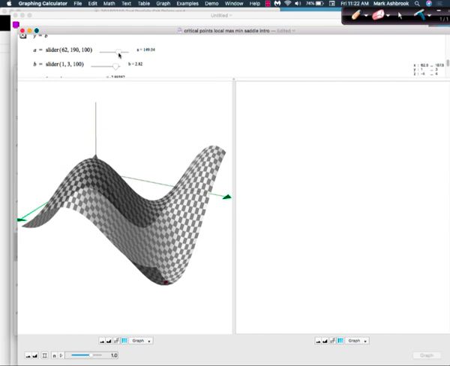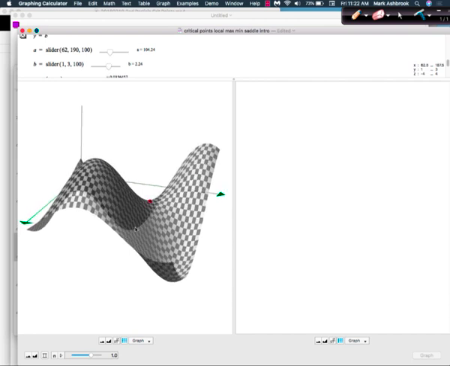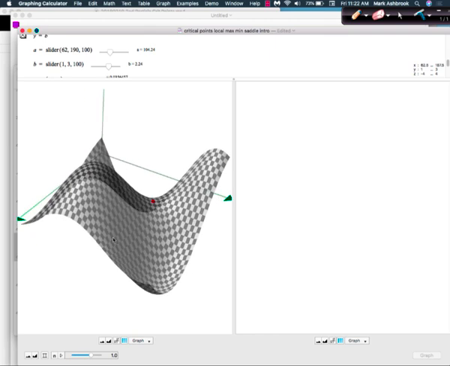There's another place here that has both partials equal to 0. 104 and 2.24. Do you see that both partials there are 0 as well?